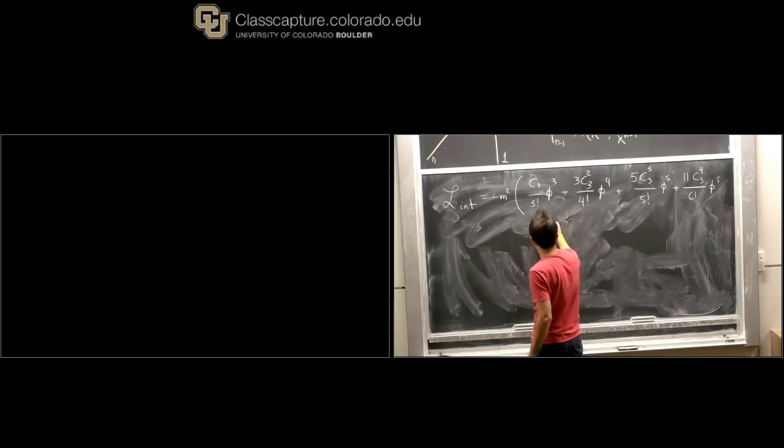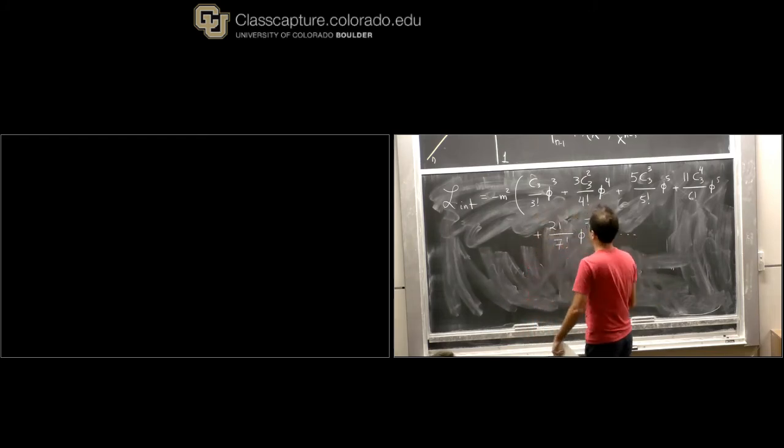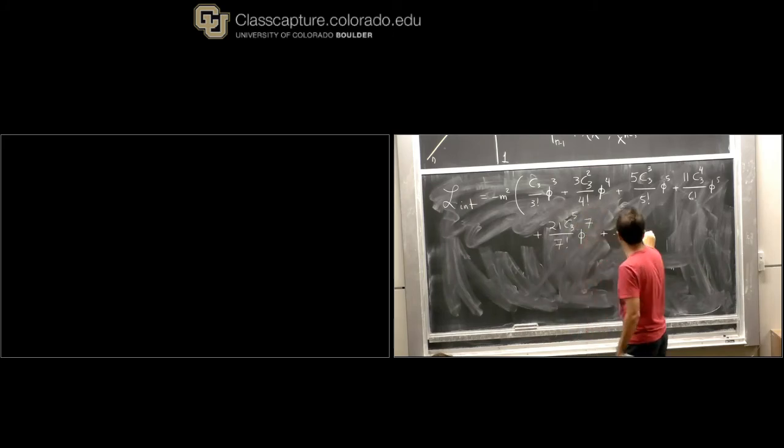So you put plus 21 over 7 factorial phi to the 7 plus C3 5 plus Okay. So that's it. That's the Lagrangian that you are getting. That it's not so obvious what it is, right? We are getting 3, 5, 11, 21. They are not the most obvious numbers.